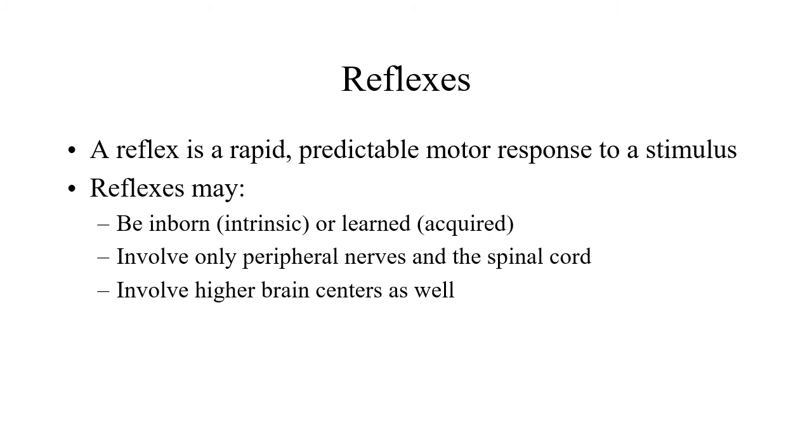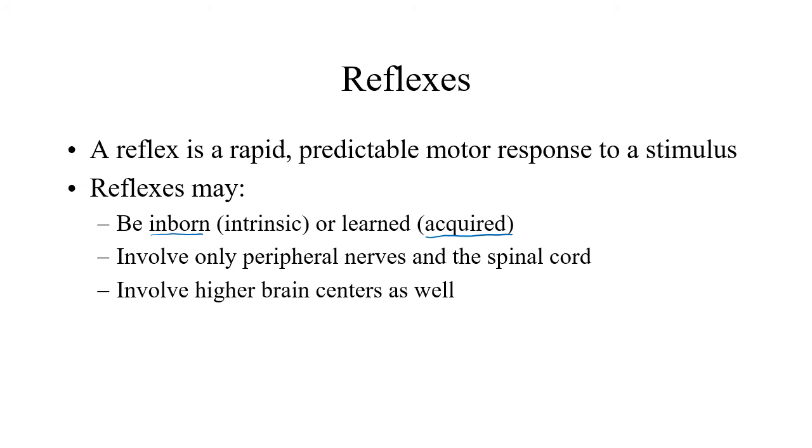And so reflexes themselves are inborn, they're intrinsic. These are things that we don't have to learn at all. But we also have some acquired reflexes. When we know that something's about to hit us, we may move out of the way. If we experience something like a buzzing sound, we may swat it without even necessarily thinking about it. Those kinds of learned reflexes we can have as well.